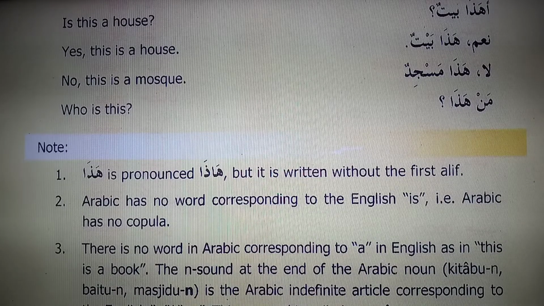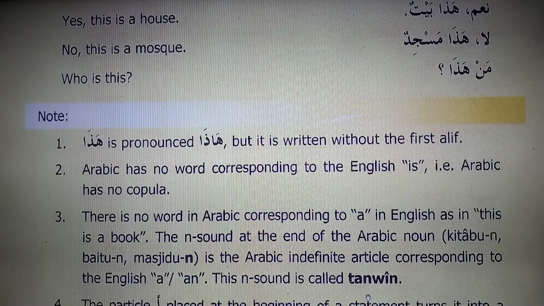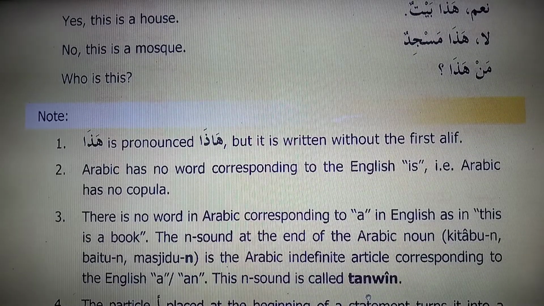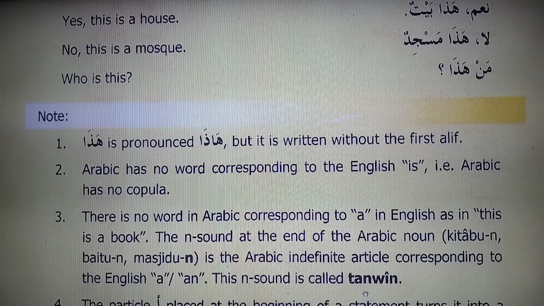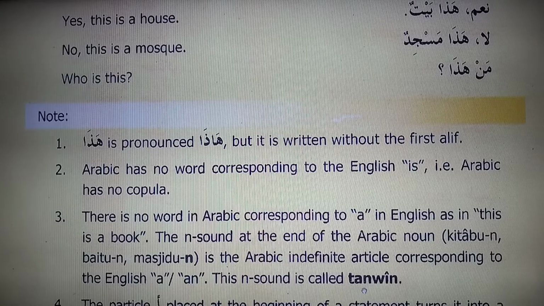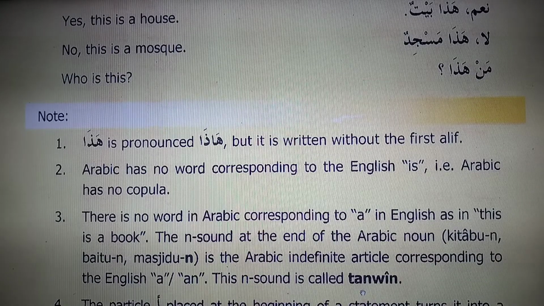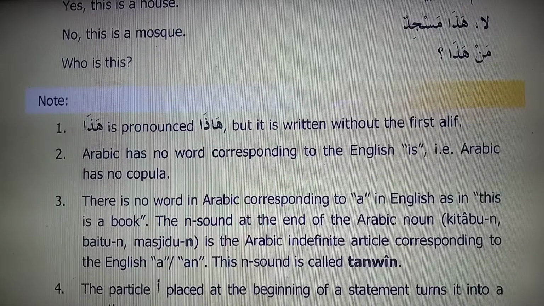This sound is called tanween. It's only at the end of the word, but usually when you are reading a sentence, you don't have to pronounce it at the end of the word as you finish. But we'll get to that stage. We still have a long way to go, and as soon as we get there, I'll explain further what you have to do.